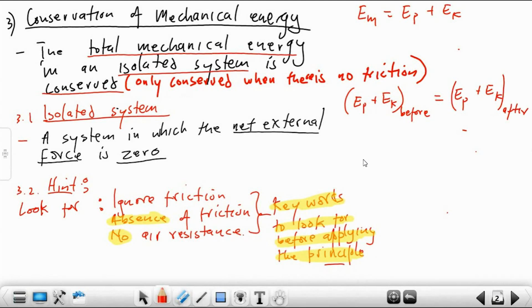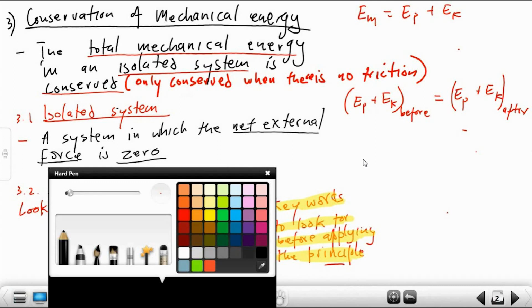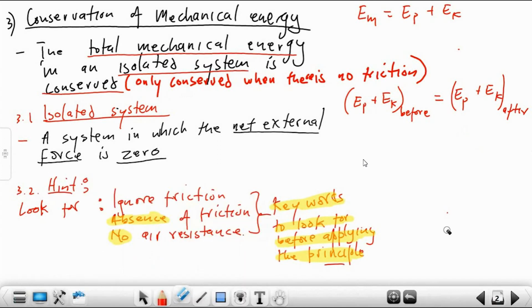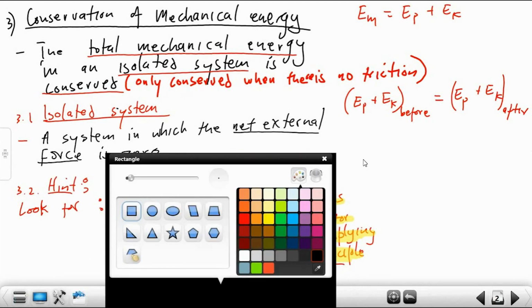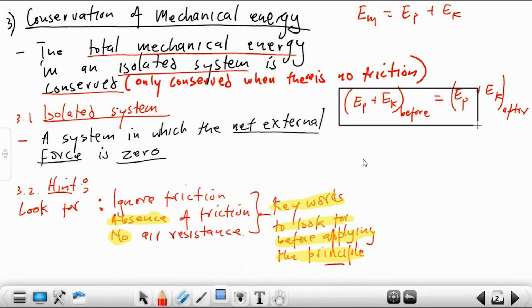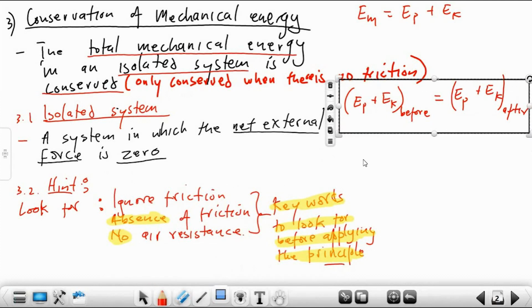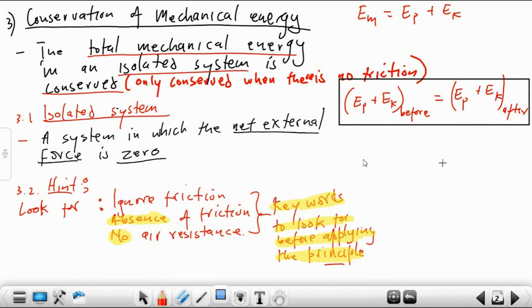At times people use top and bottom, but it does not really matter, because what we are interested in is what happened before and what is happening immediately thereafter. So this is one key equation that we will be expected to apply.